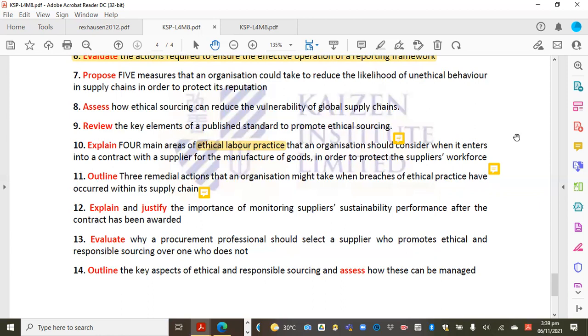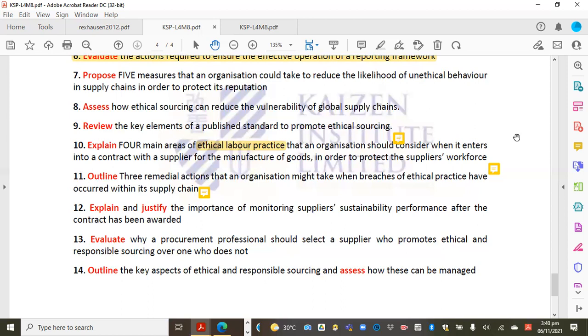Comparing the benefits of using a supplier who promotes ethical and responsible sourcing. The reason why I would select such a supplier is to prevent any kind of unethical activities that can go on during any sourcing or tender process that can end up corrupting.